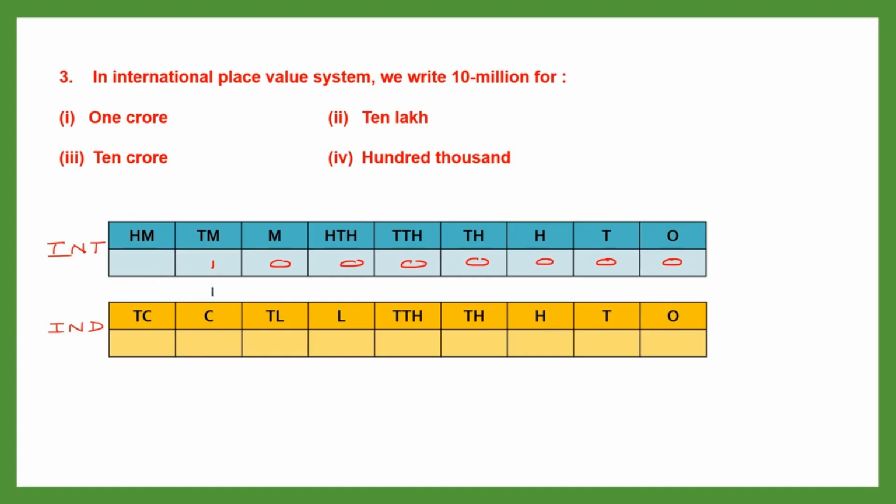So 10 million is equal to 1 crore. So here we're asked to find out, we write 10 million for which of these? We write 10 million for 1 crore. So 1 crore is 10 million. So our answer is option 1, 1 crore.